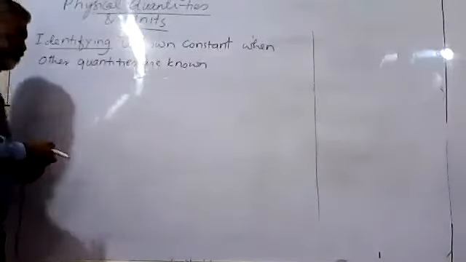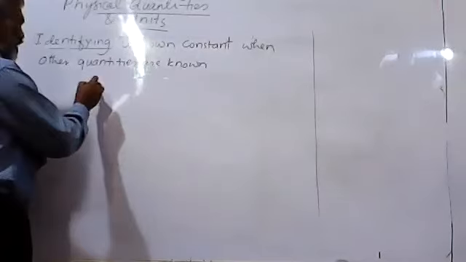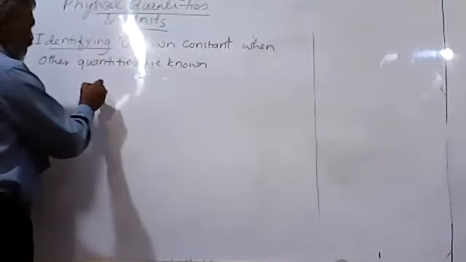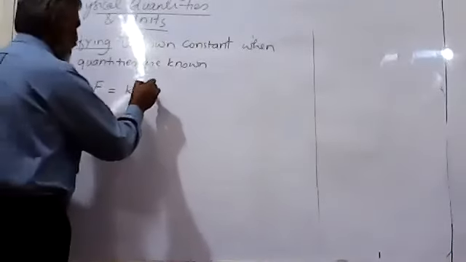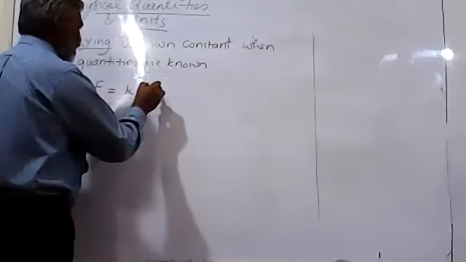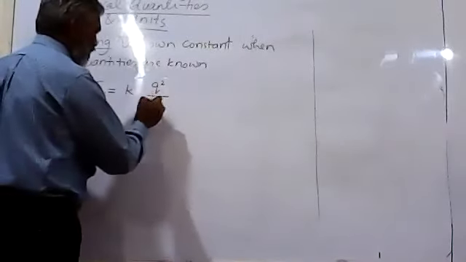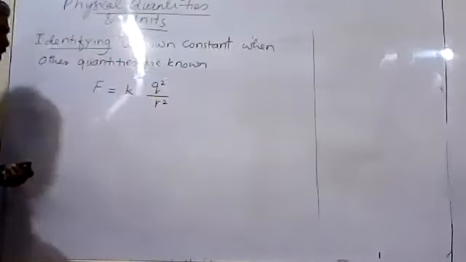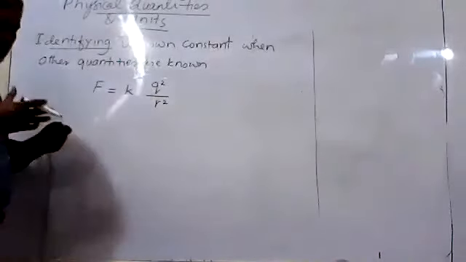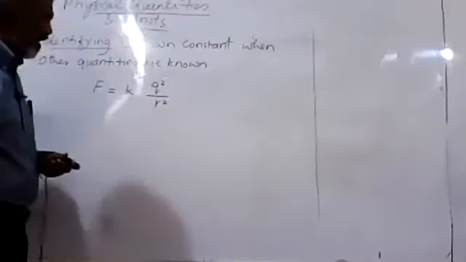Another such formula that we will study in A2 is force equal to some constant times charge squared divided by the distance squared. This is again a force between two charges when they are separated by a certain distance r.